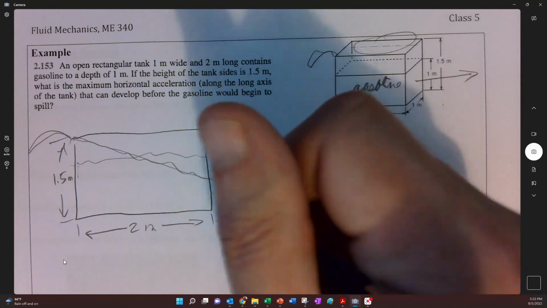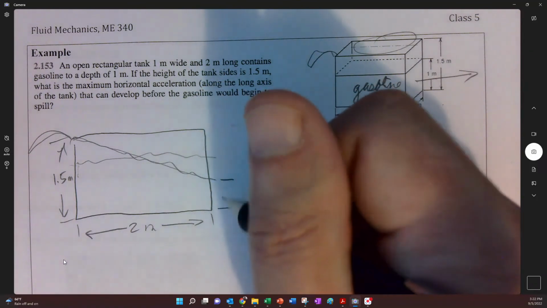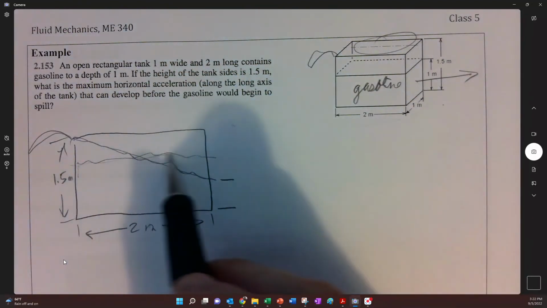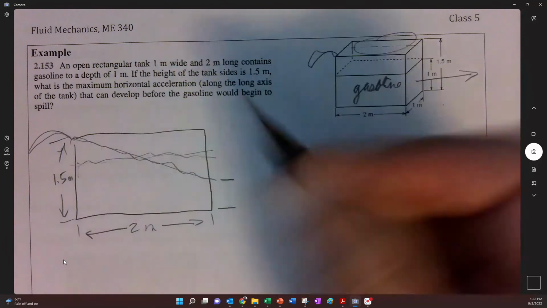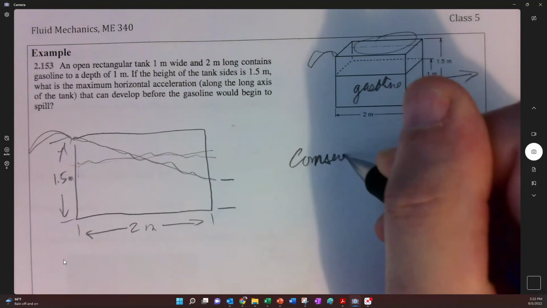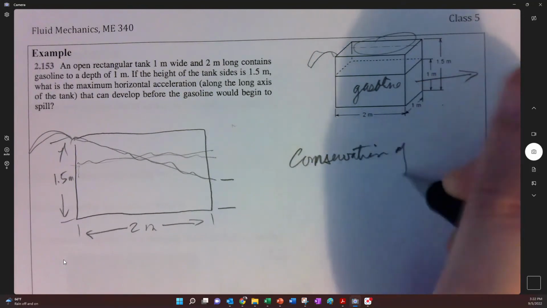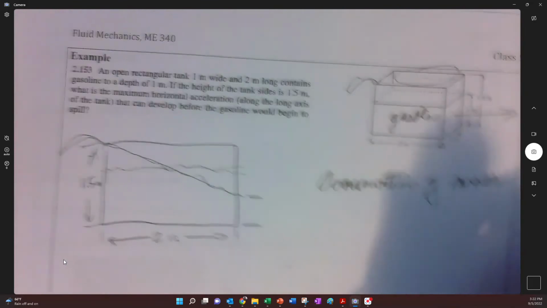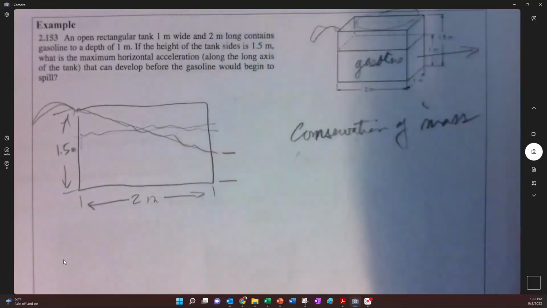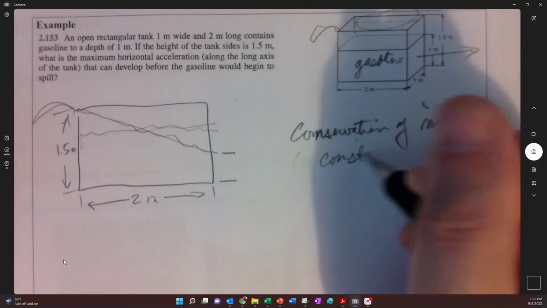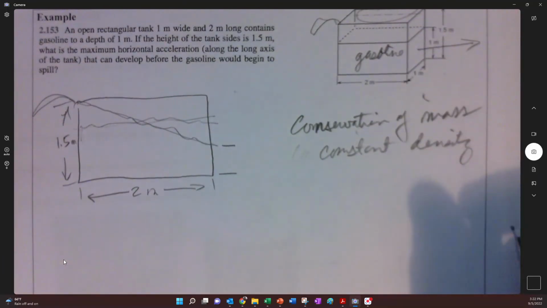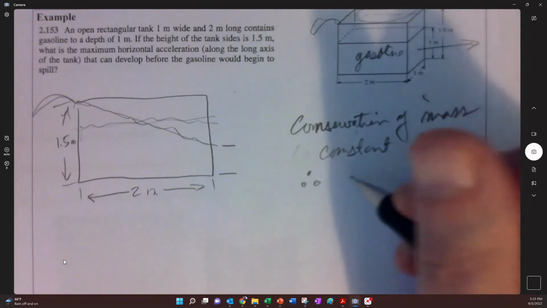But this is going to form a trapezoid, and we could even just kind of know from the conservation of mass, or we could say for constant density, right? So constant density, because we're treating this as incompressible, therefore the density doesn't change, therefore constant volume.